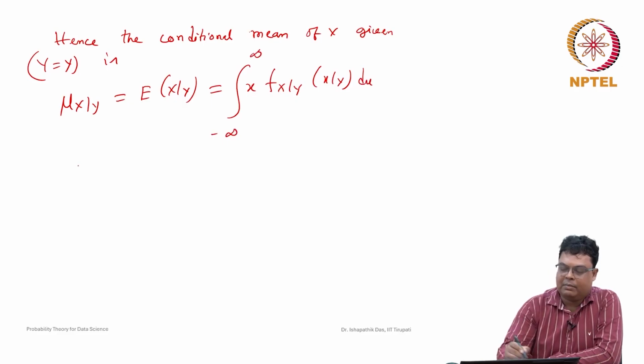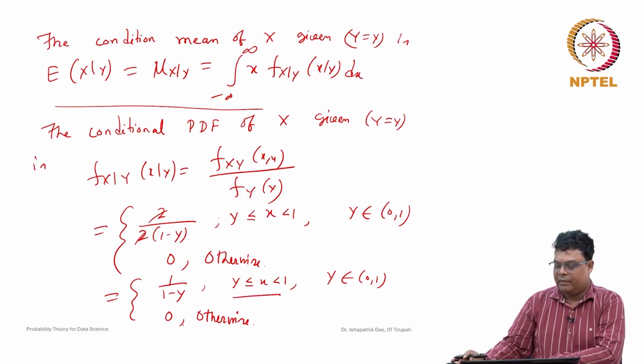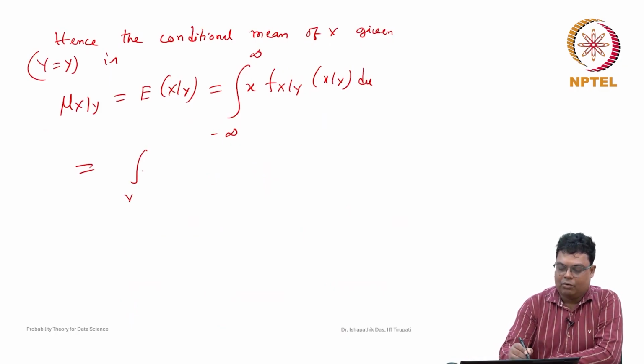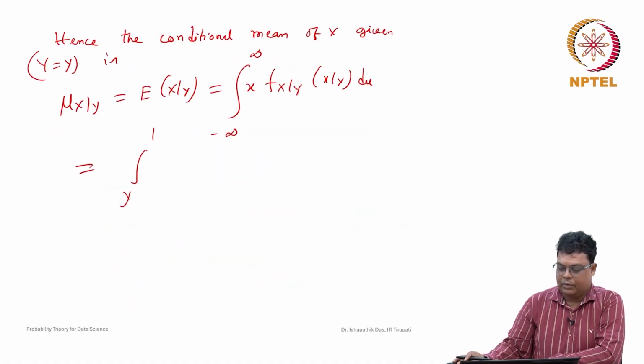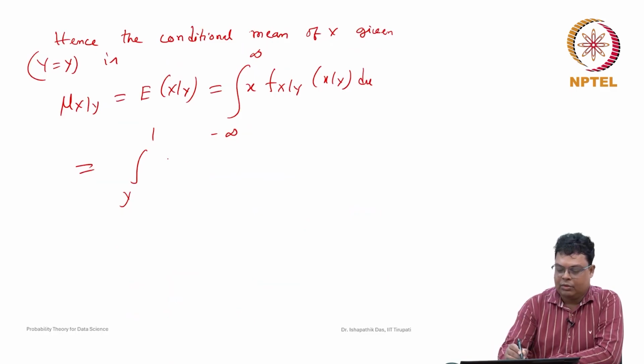Now this density exists between y and 1, otherwise it is 0, for a particular value of y between 0 and 1. So the limits are y to 1, the density is 1 by 1 minus y, so x times 1 by 1 minus y, dx.